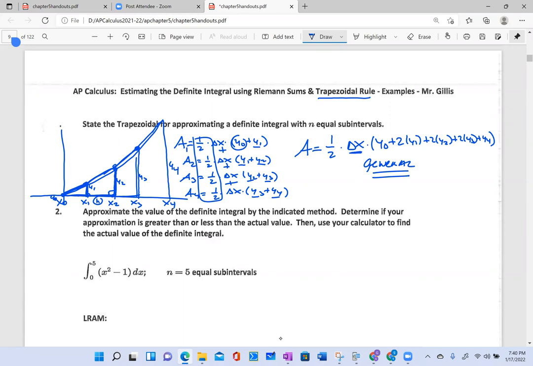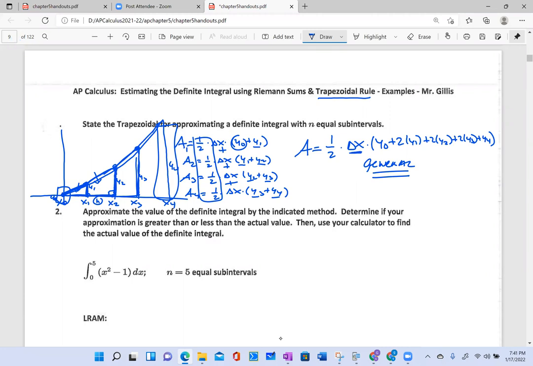But this is the general pattern of the trapezoidal rule when we have equal size subintervals. And it makes good sense because you only have one y at each of the ends, and the y's in the middle are a common base to two trapezoids. Y sub 1 is a base to this trapezoid as well as the second trapezoid.